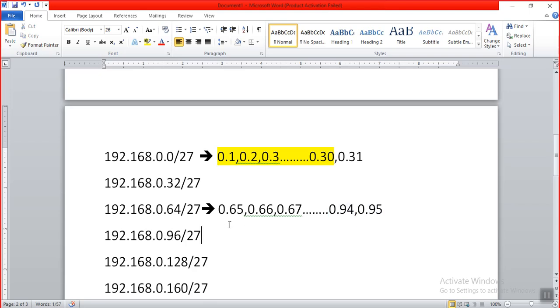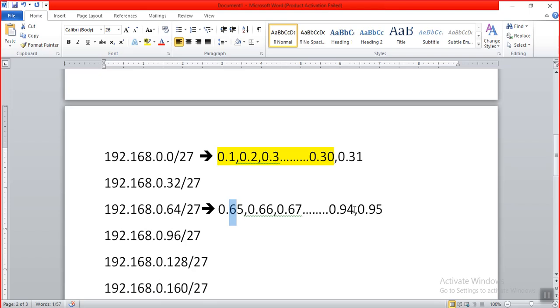So if you count it, 65 to 94, how many are there? 65 to 70: 65, 66, 67, 68, 69, 70, that is 6 IPs. 71 to 90, 20 IPs.